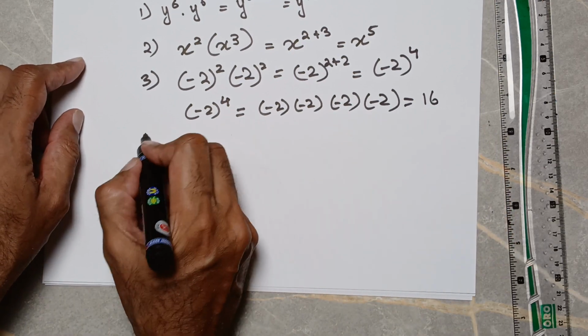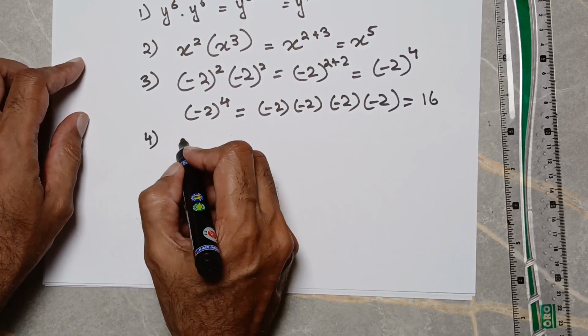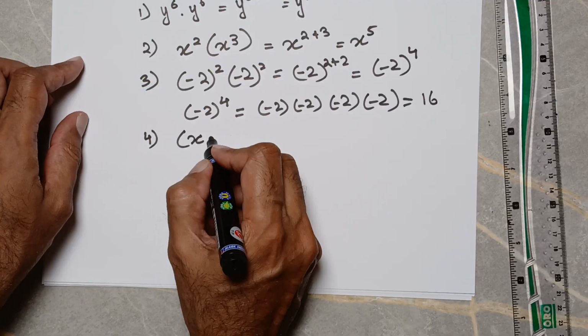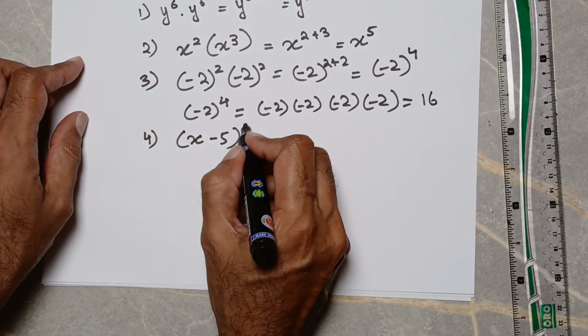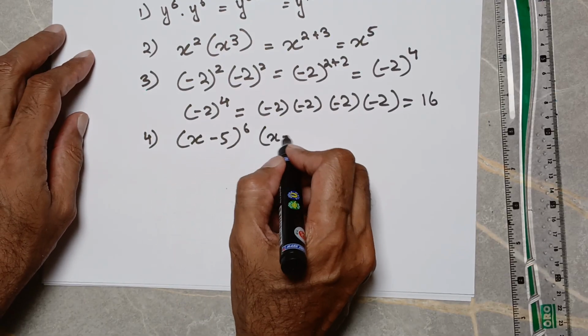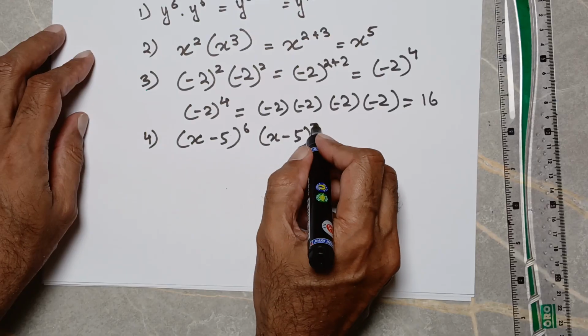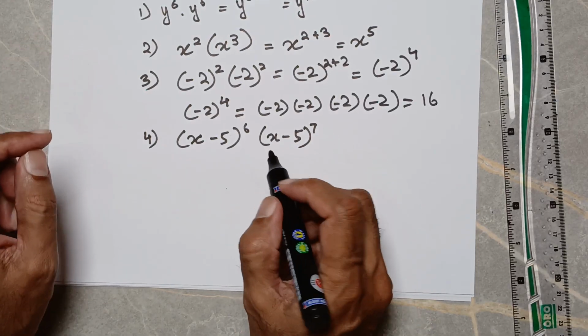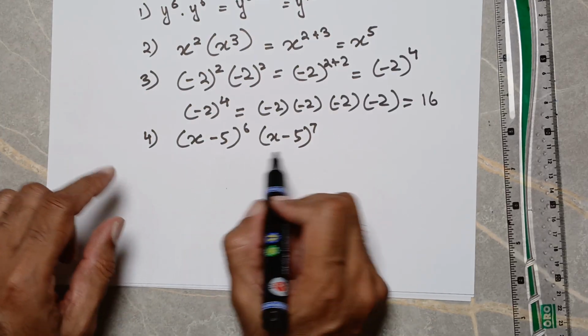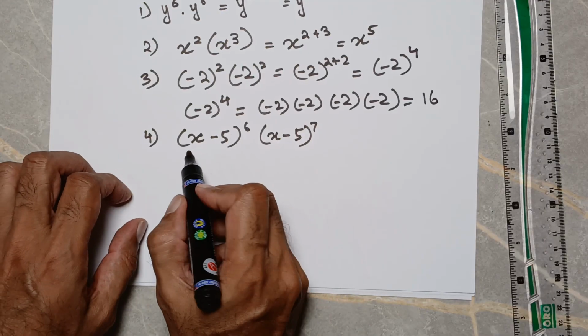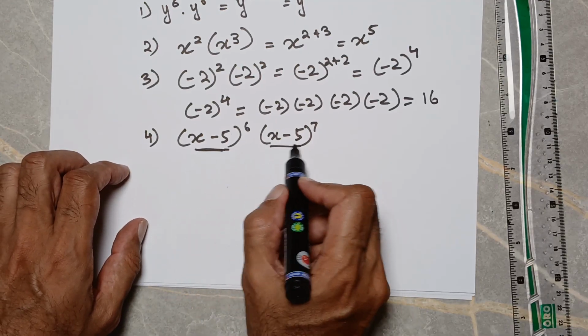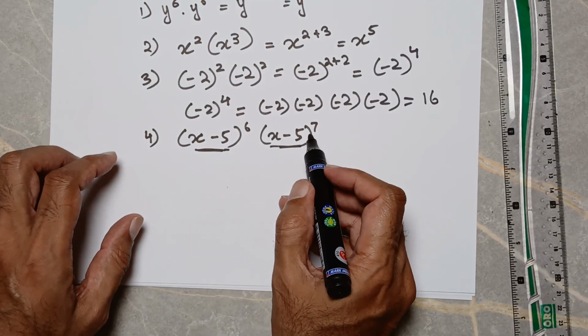Suppose we have a base like (x minus 5) to the power 6 and (x minus 5) to the power 7. This one looks a bit different, but look at the base. X minus 5 is your base, which is contained inside the bracket.